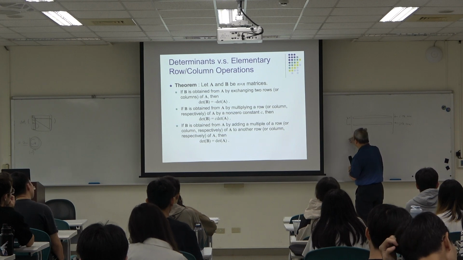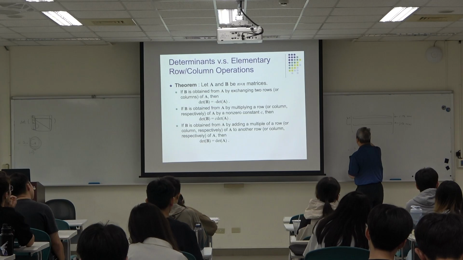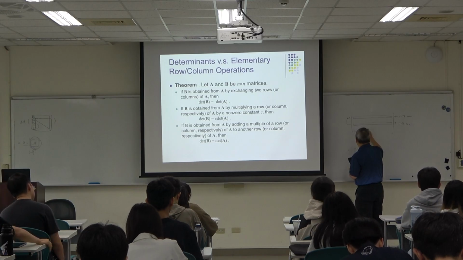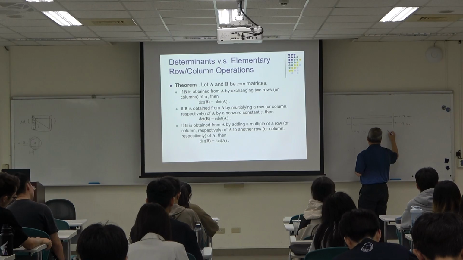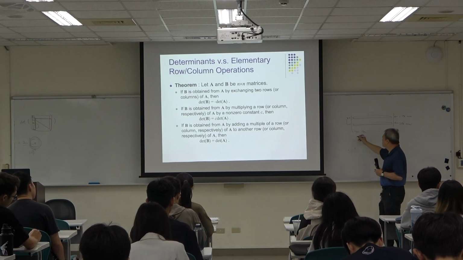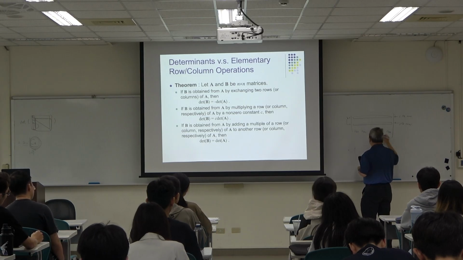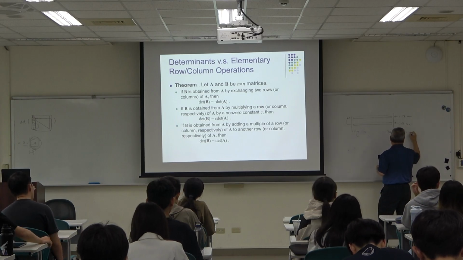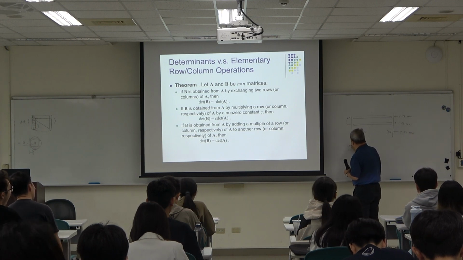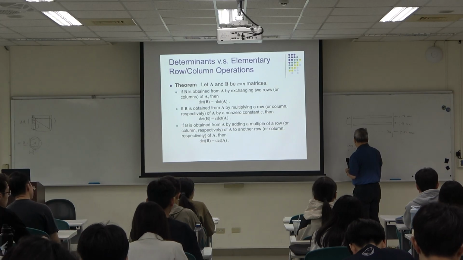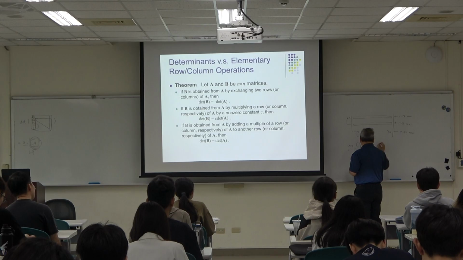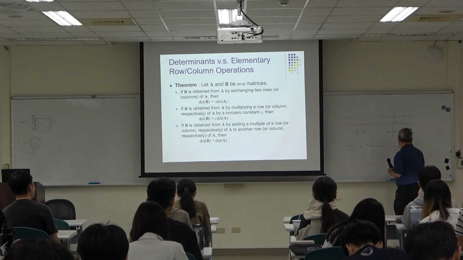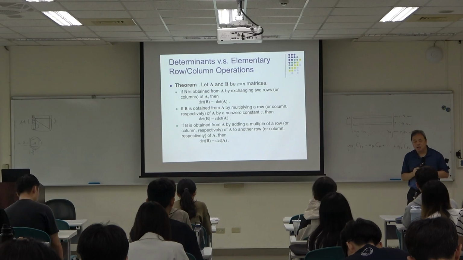Say that the row is a_p1, a_p2, ..., a_pk. You expand through this row p, and it's going to be a_p1 C_p1 plus a_p2 C_p2 plus ... plus a_pk C_pk, right?